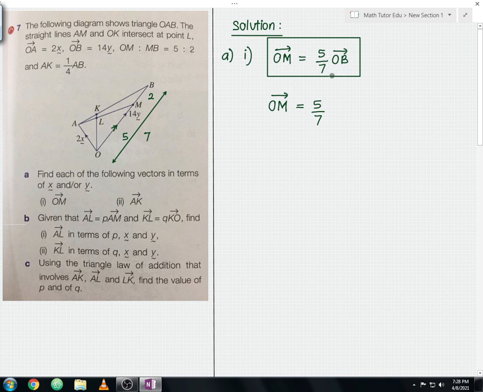Vector OB in the question they already give is 14y. So you just substitute the 14y, so 5/7 times 14y. You calculate this, you should get your vector OM is equals to 10y. So this is the answer for the question A part 1. Let me underline the solution.